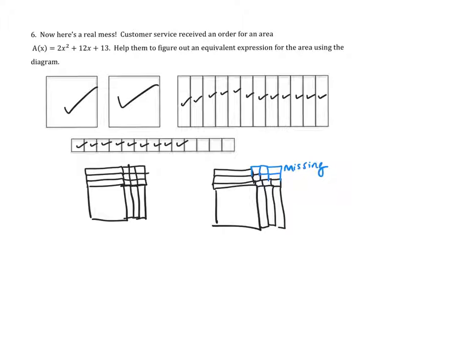So this means that to find the equivalent expression, this is x plus 3. This is x plus 3. Samesies over here. X plus 3, x plus 3. So a quick way that I could say to find the area of both of these would be 2 times x plus 3 squared, right? Because there are 2 blocks.